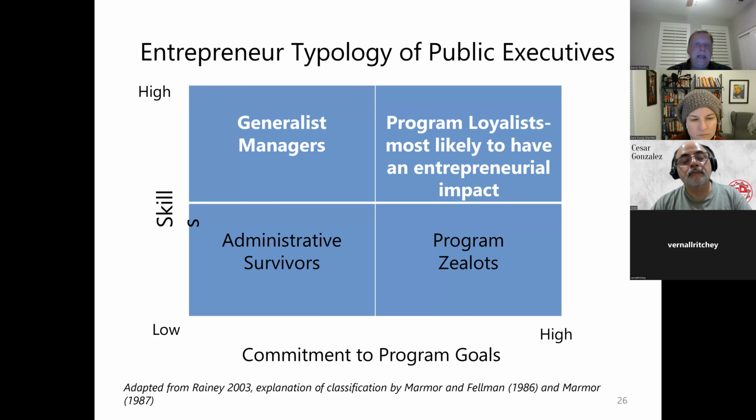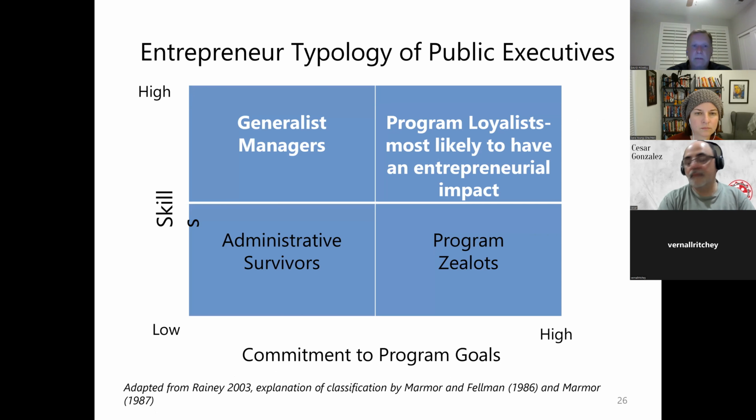We hope that our leaders and managers will be entrepreneurial types of leaders. Not all of them are. So to determine if a leader is going to be an entrepreneurial type of leader, we can look at the skill of that leader and compare it to that leader's commitment to the program or organization's goals.